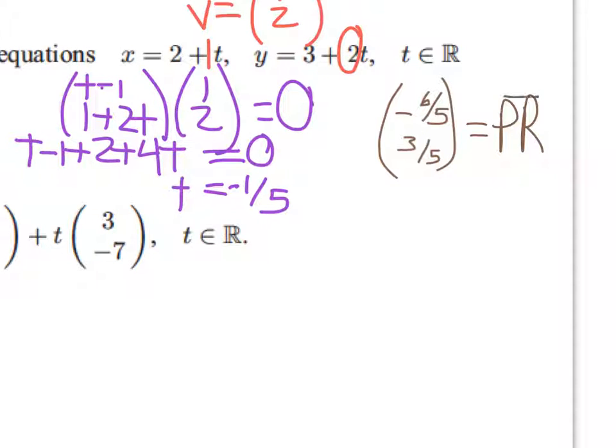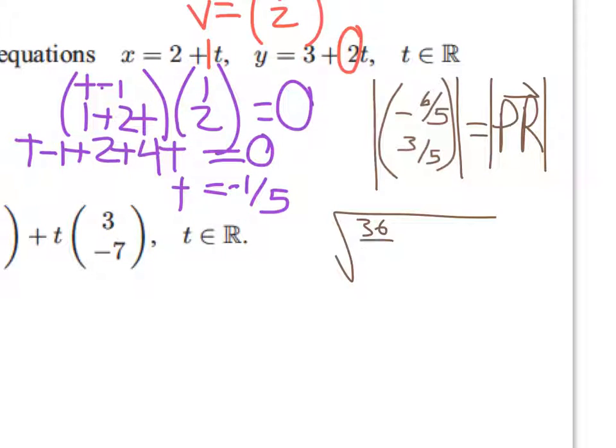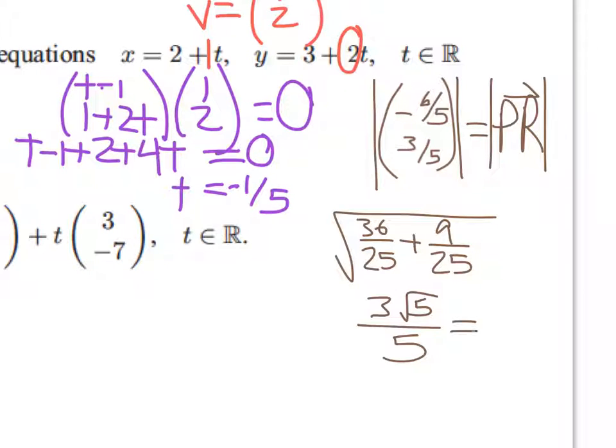And now it's just the magnitude of that. So that, of course, is the square root of 36/25 plus 9/25, which is the square root of 45, which is 3 root 5 over 5. You guys know how to rationalize.